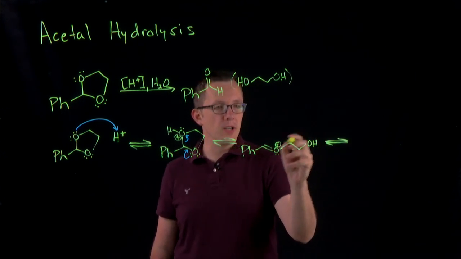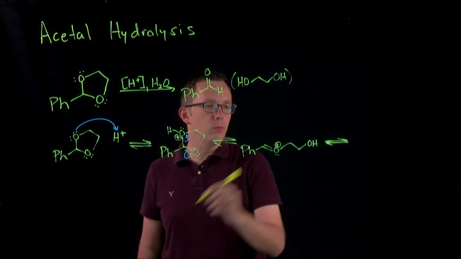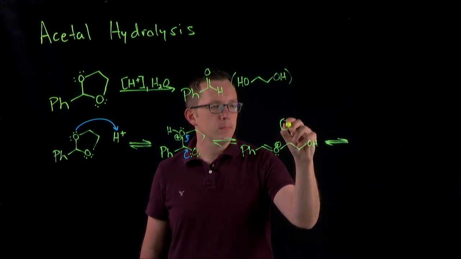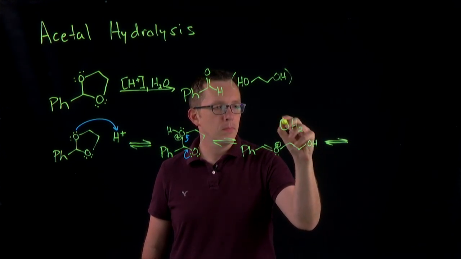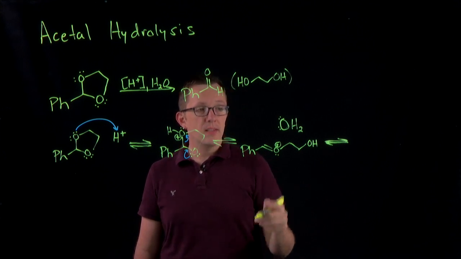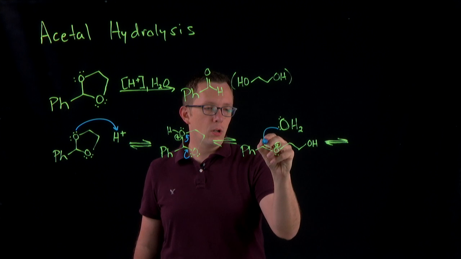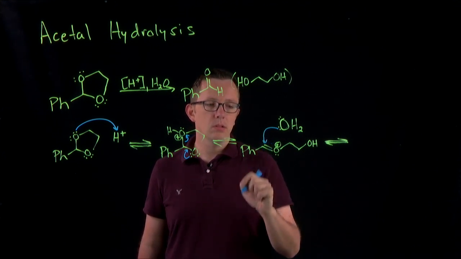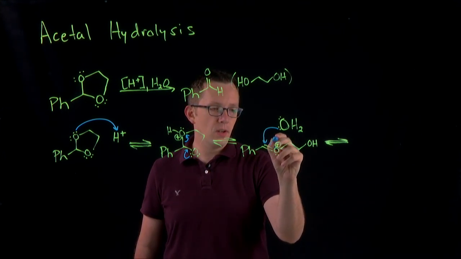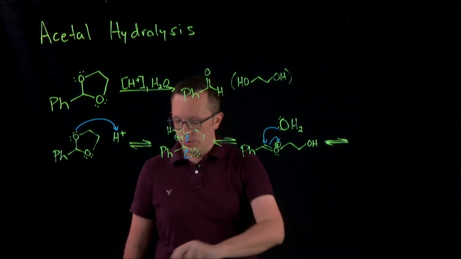So in the next step of our mechanism, we're going to take one molecule of water, and that's going to act as nucleophile. So here, we're going to have nucleophilic attack of water on the carbonyl carbon, and we're going to push the electrons up towards that positive charge.